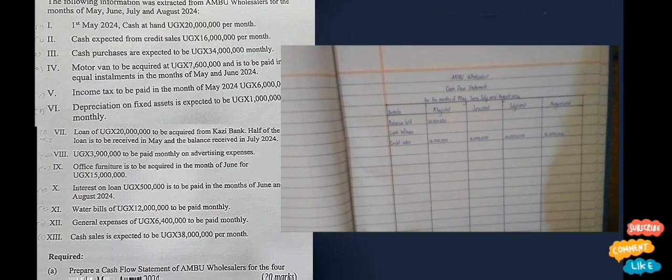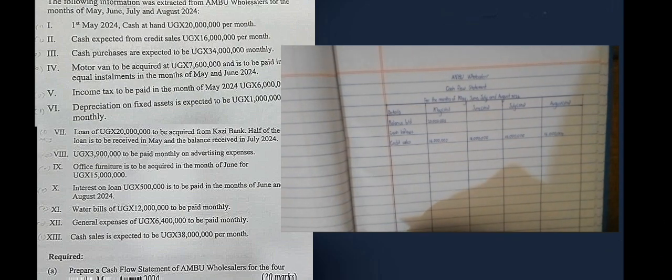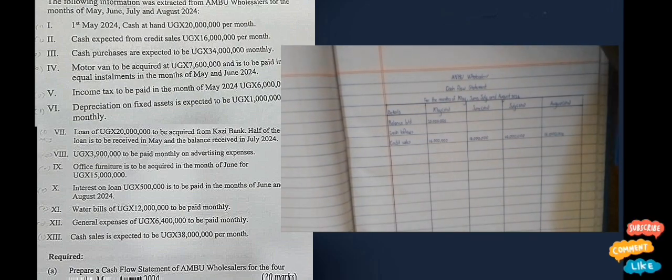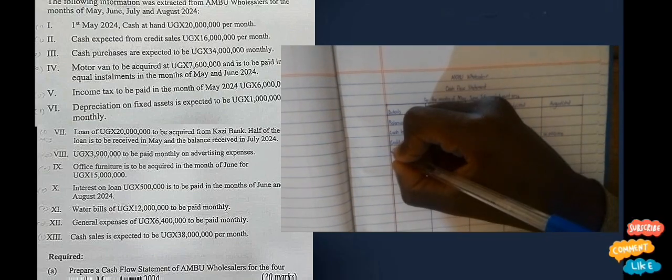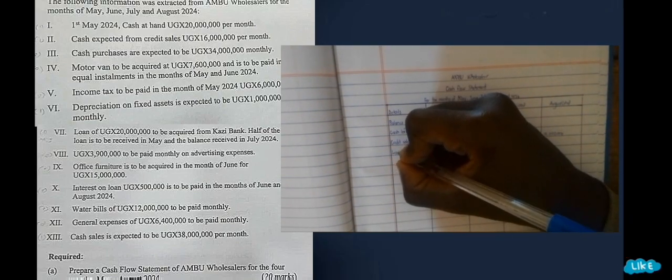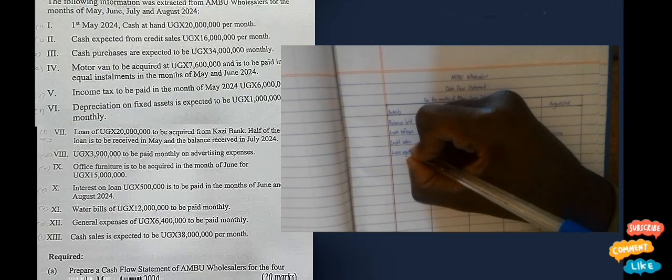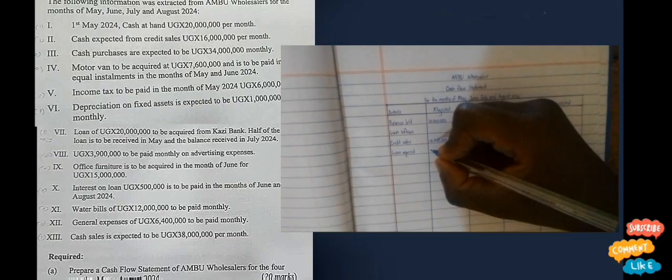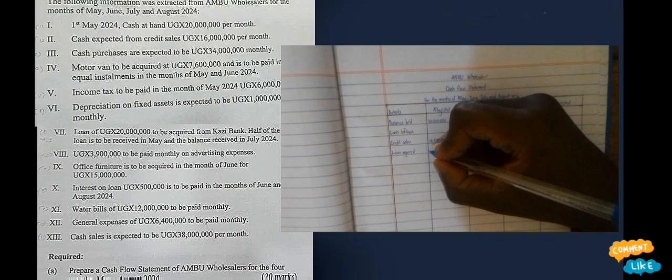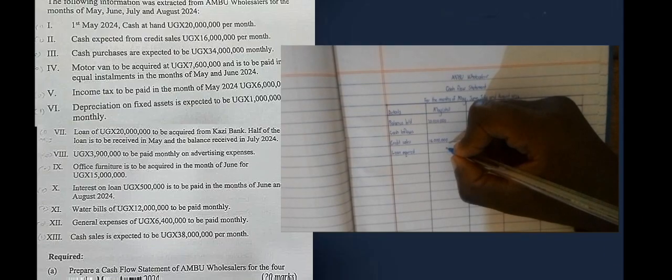So for Roman 7, which is the loan amounting to 20 million, it says loan of 20 million to be acquired from Kazib Bank. Half of the loan is to be received in May and the balance received in July 2024. So that is 20 million divided two way. That is 10 million in May and 10 million in July.